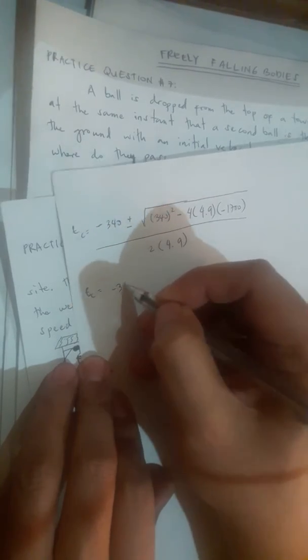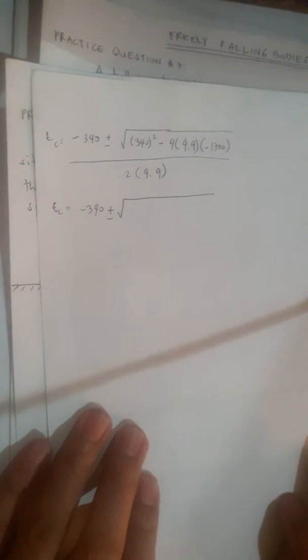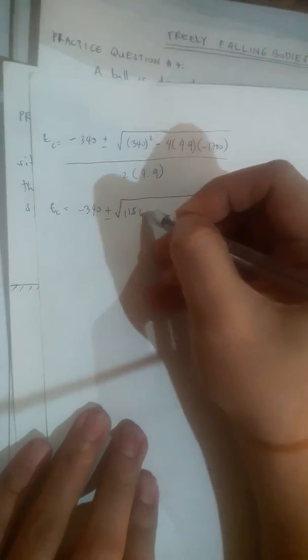Haba. Okay. Next. Isa-isa. TC equals negative 340 plus or minus the square root of 340 squared. Alright, so 340 squared, that is 115,600 minus, okay, multiply ko lang ito. 4 times 4.9 times 1,700, 33,320.